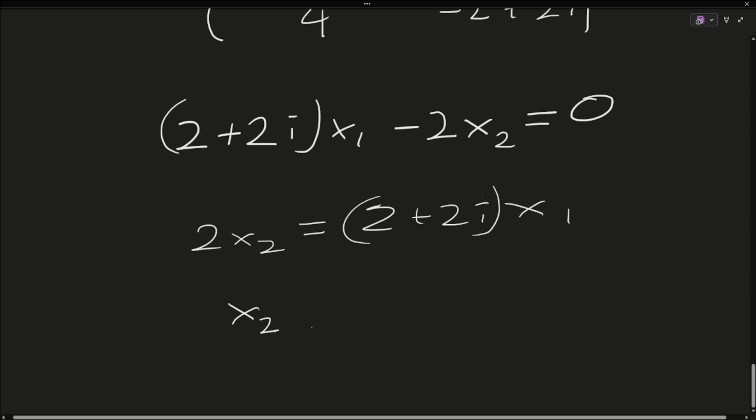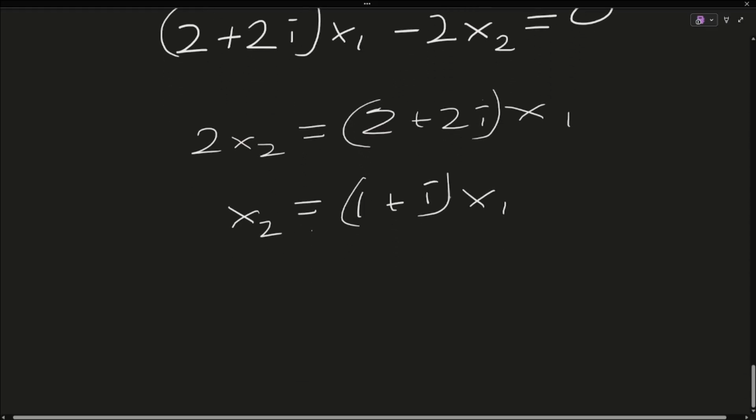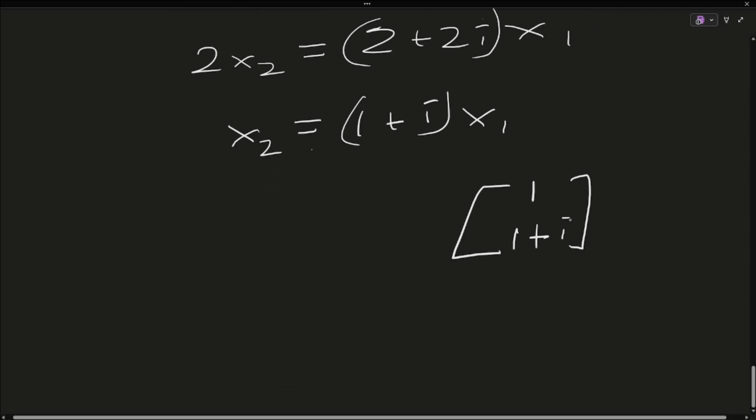So x2 will be equal to 1 plus i times x1. Now that we have x2 in terms of x1, our free variable is x1, and our x2 will be 1 plus i in terms of x1. So if you multiply this with x1, you will get this vector. So this vector is our second eigenvector.